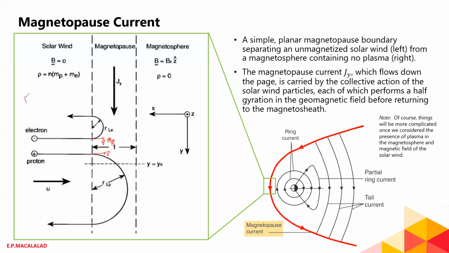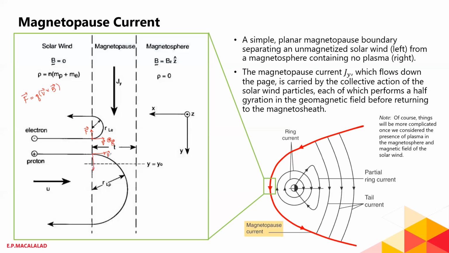Remember that F equals qV cross B. In this case, the magnetic force exerted on the electron as it enters this region of the magnetosphere will be directed this way, and the force exerted on the proton would be in this direction.